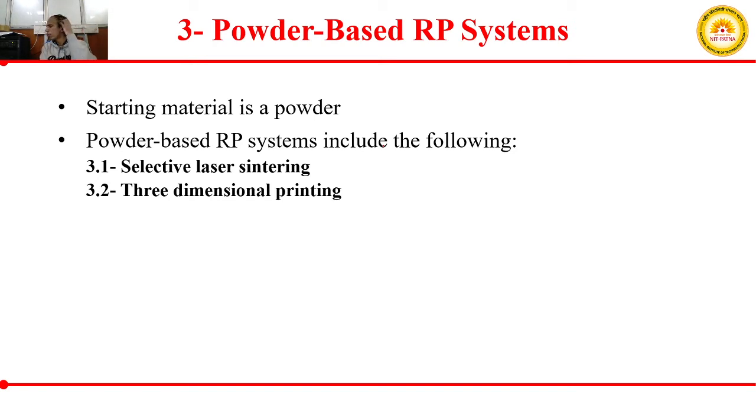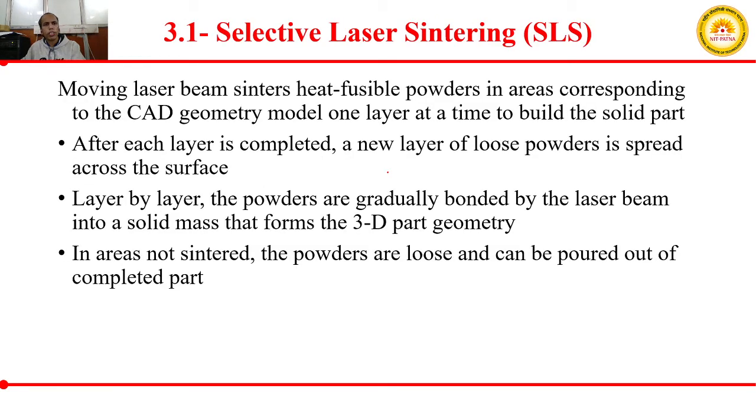Okay, so these may be powders of different materials, and there are two basic technologies which are being used under powder based RP technology. One is selective laser sintering, and the second one is three-dimensional printing.